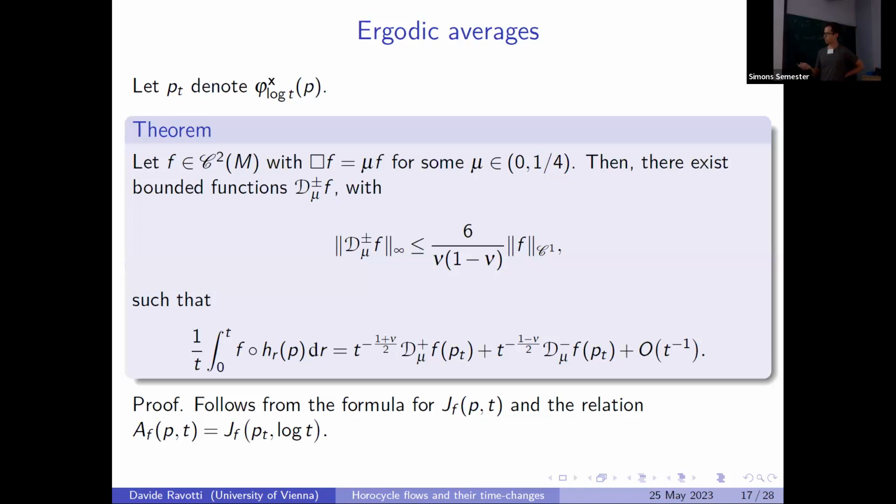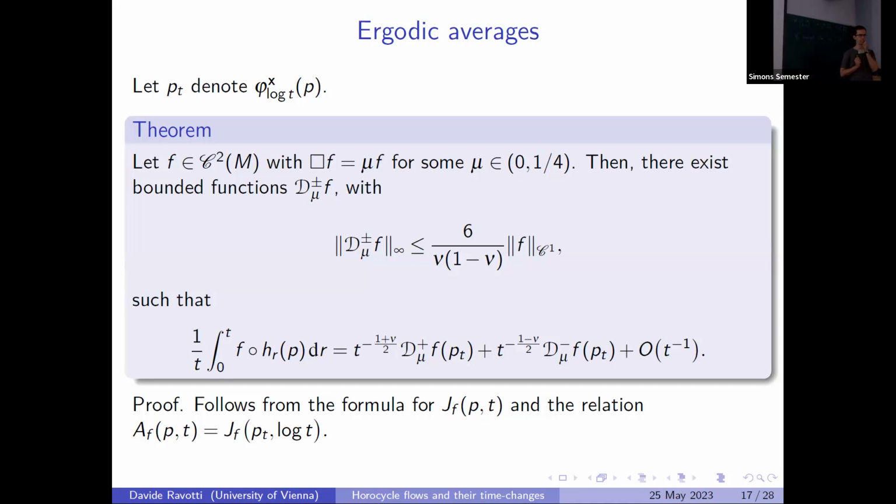So two terms with two explicit decays. The constant in front is the value of some explicit function evaluated at the point followed by time log t under the geodesic flow, plus an error term that is of size t to the minus 1. And again, the proof is just to take the information we just found for j and translate it back to the information for the ergodic averages.